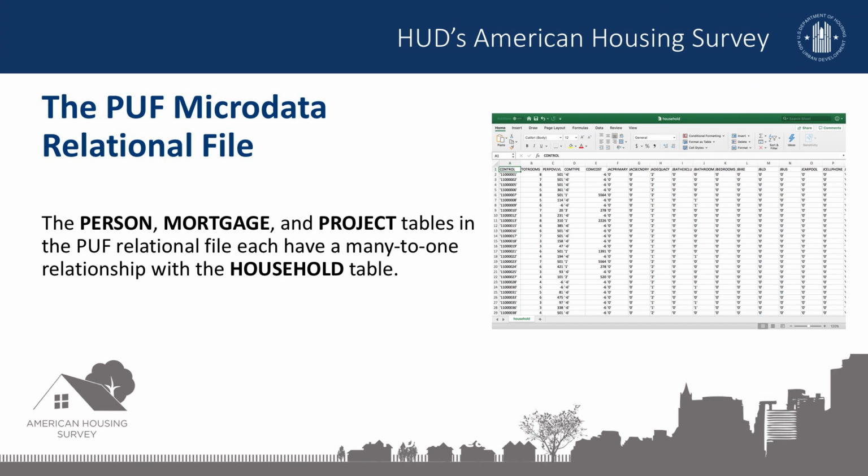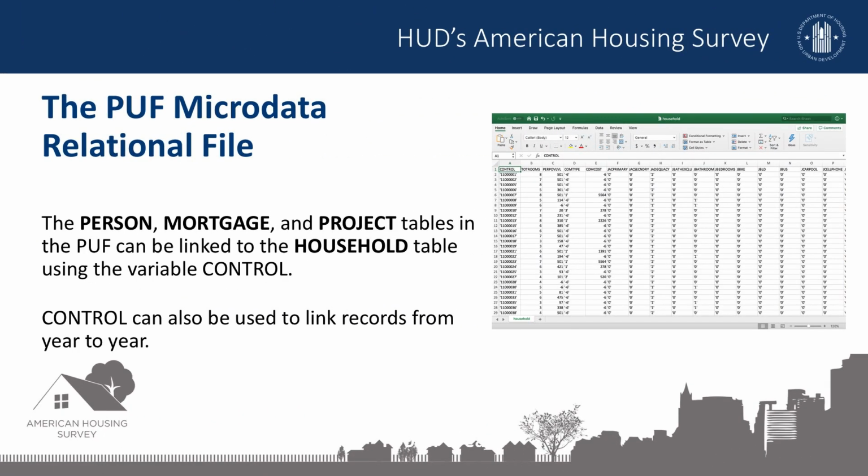The person, mortgage, and project tables in the PUF relational file each have a many-to-one relationship with the household table. They can be linked to the household table using the variable CONTROL. CONTROL can also be used to link records from year to year.